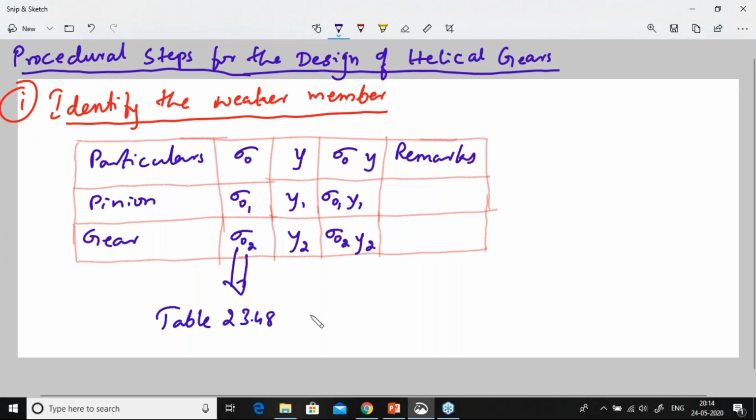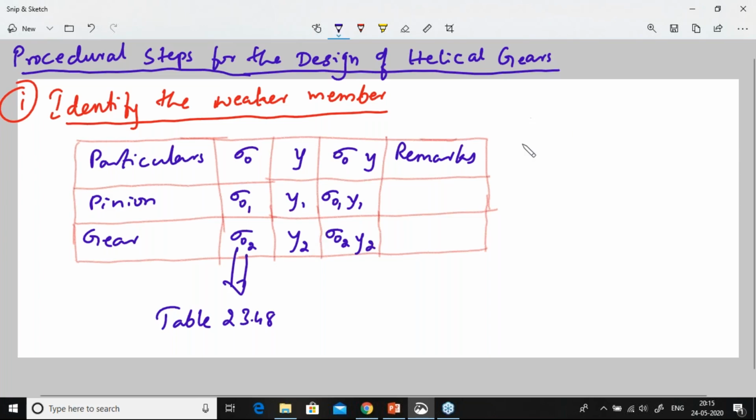For the given materials, using table 23.48, we have to get sigma naught 1 and sigma naught 2. Y1 and y2 are the Lewis form factors for pinion and gear respectively, and they have to be with respect to the formative number of teeth. For the given normal pressure angle and tooth form, we have to get y1 and y2.